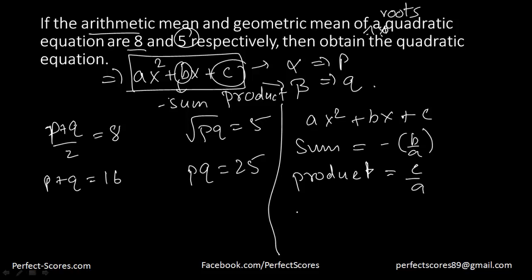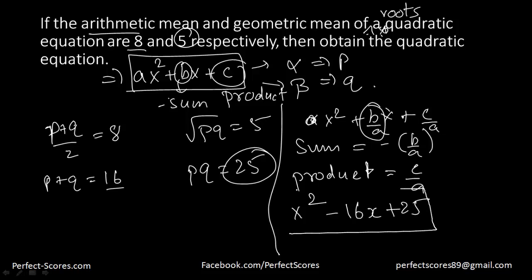So my quadratic equation will turn out to be x square, then this b by a is going to be negative 16 and this c by a is going to be positive 25. So this over here is our quadratic equation.